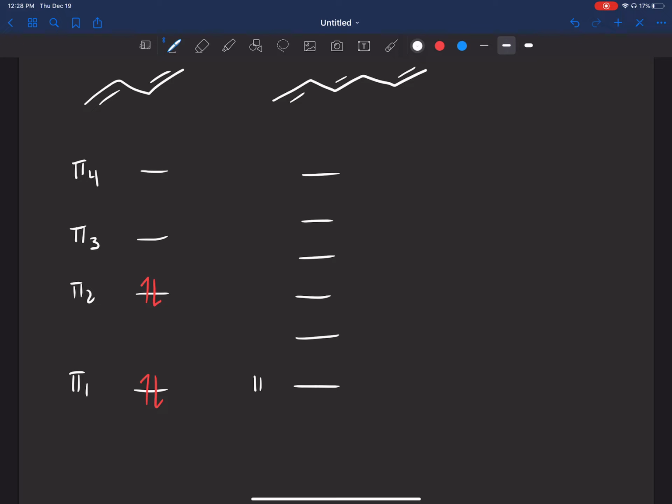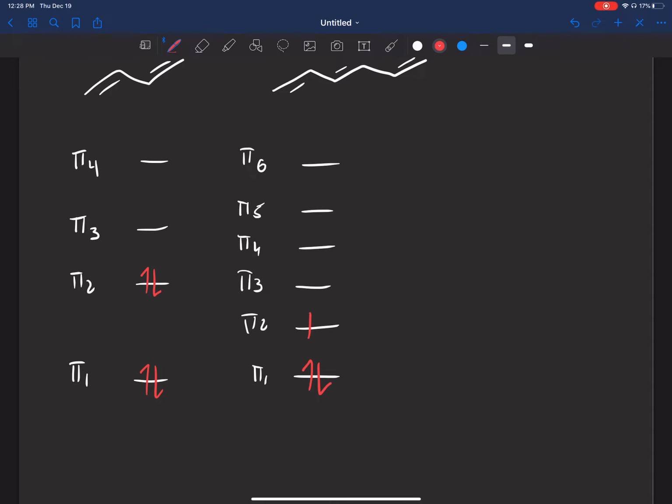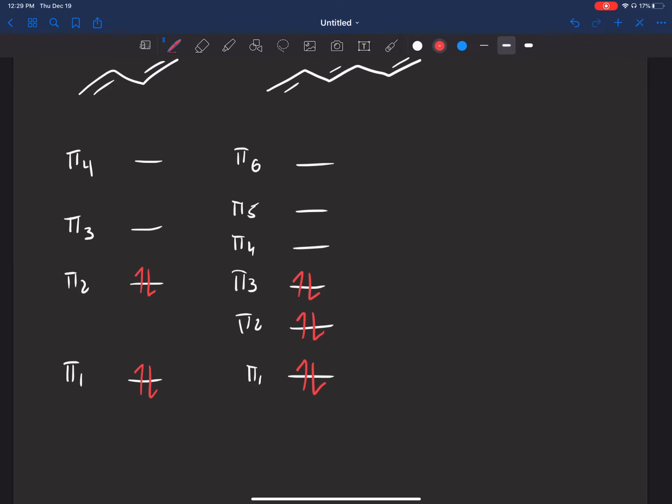So this is going to be pi 1, pi 2, pi 3, pi 4, pi 5, pi 6. We have 6 total electrons. And so that's how we fill those.